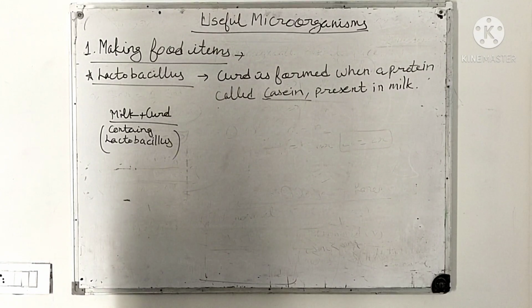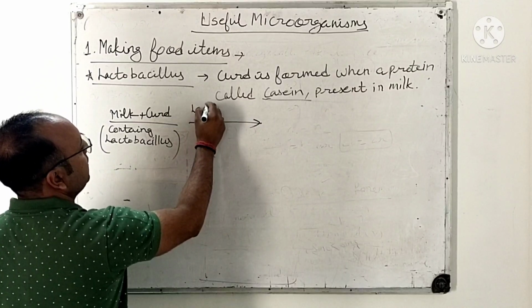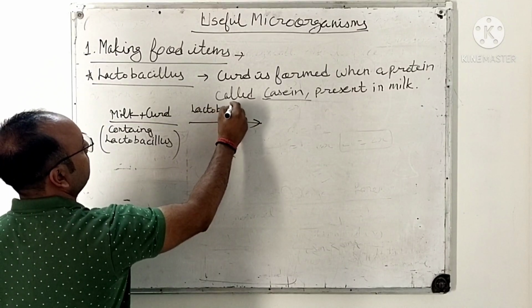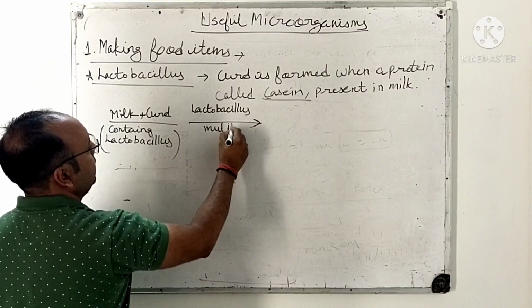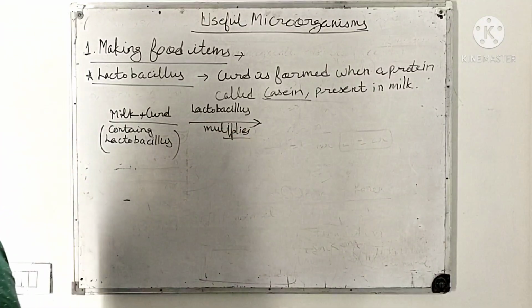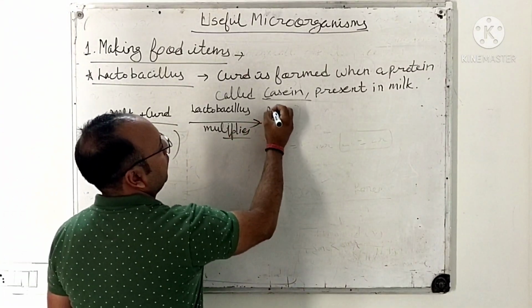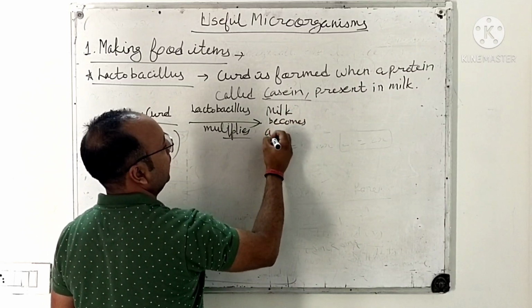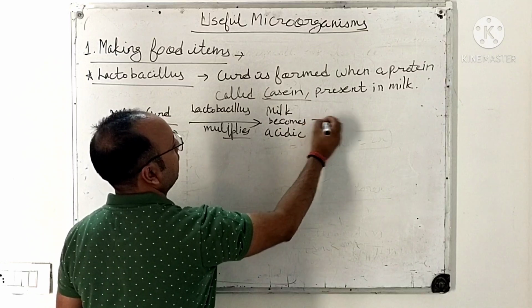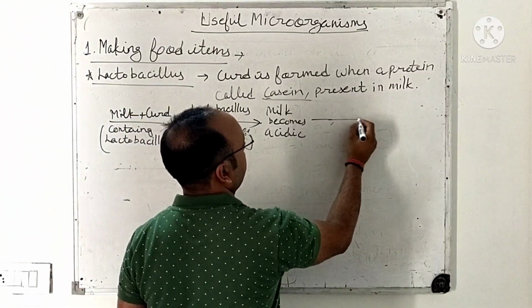Now what will happen? When we keep it, the lactobacillus multiplies. With the multiplication, the milk becomes acidic first. Then after this, casein coagulates in acidic milk.